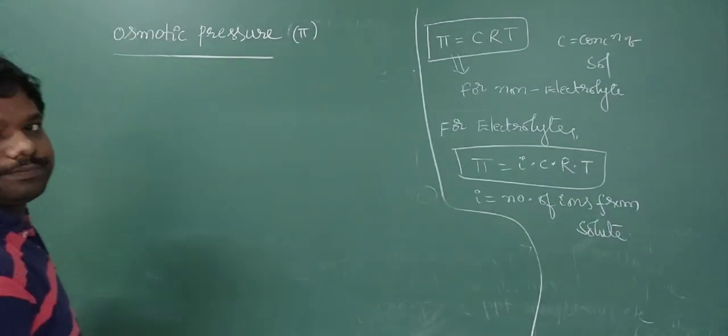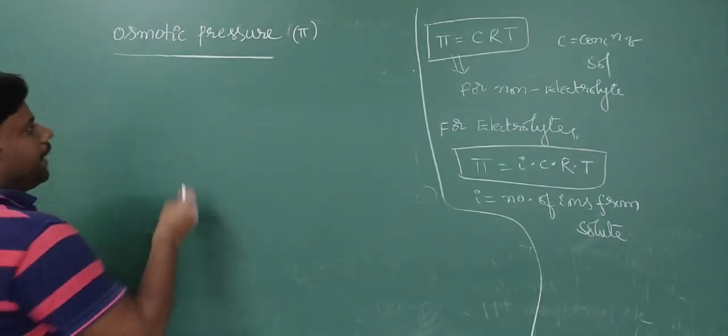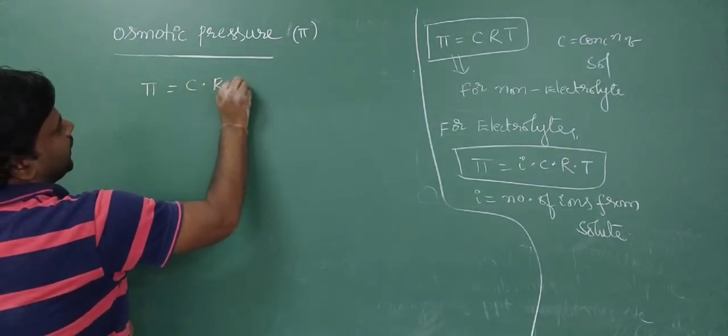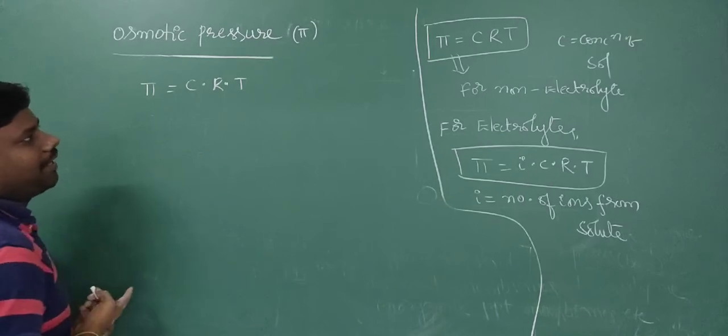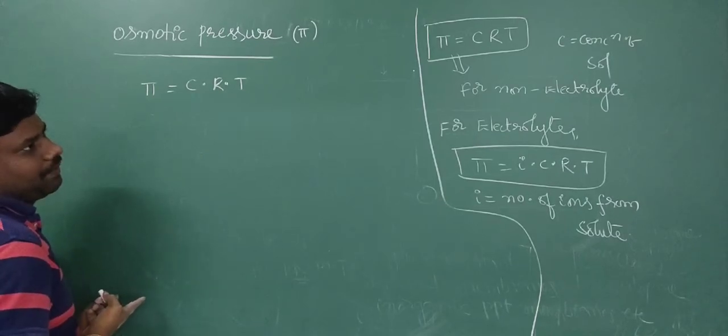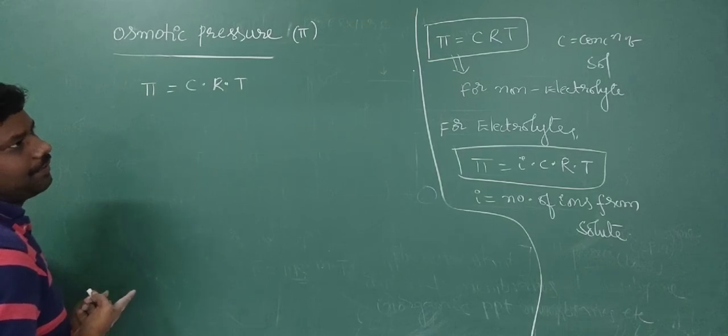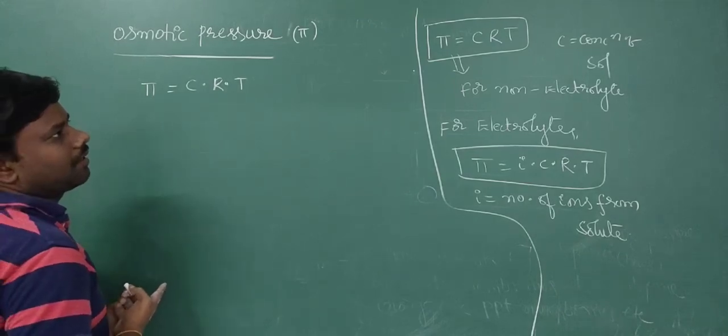Now look here. Pi is equal to C into R into T, where C is the concentration of the solution.